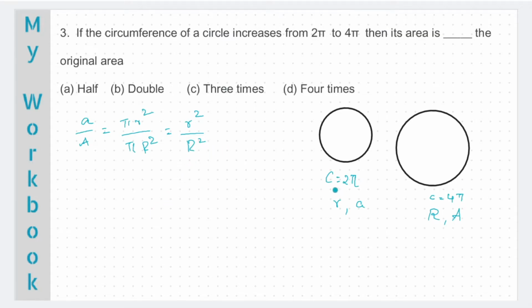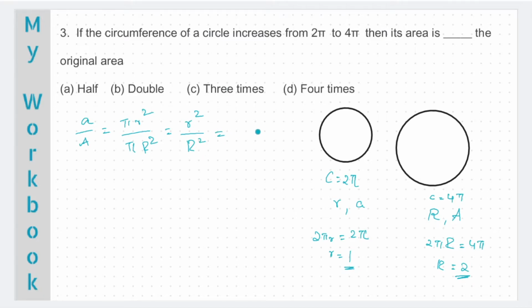Now we know that the circumference is 2 pi. So 2 pi r is 2 pi for this circle, so r will be 1. And for this circle, 2 pi R is 4 pi, so the radius of this circle will be 2.